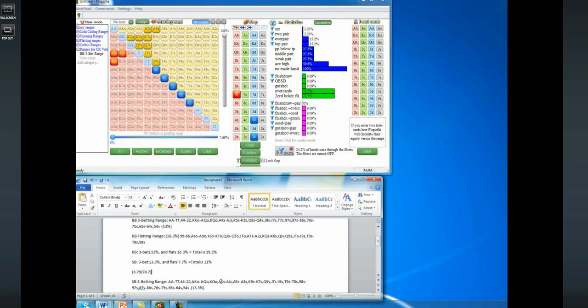Then we just multiply these two together. We'll do that on a calculator right now. 0.79 times 0.707 gives us 55%. Actually it's closer to 56%. So we can say the button folds 56% when he opens.